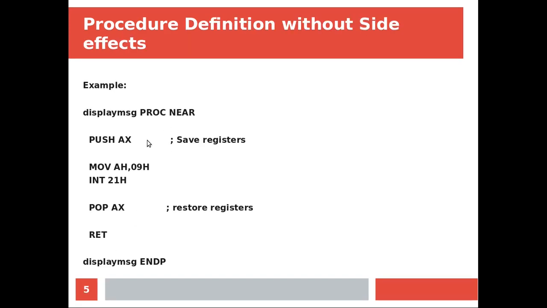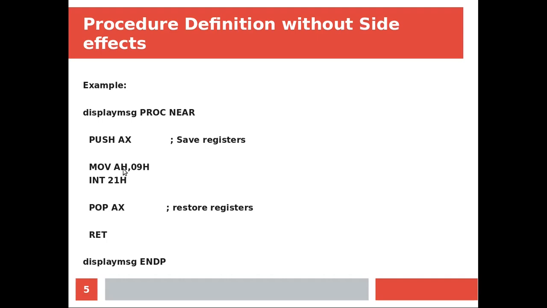That is, we can save the register values into stack at the entry, at the starting of our procedure body, and we can restore those values just before the return statement. So in this procedure, the value of the AH register is changed, because mov ah, 09 is used, so that will change the value of AH.